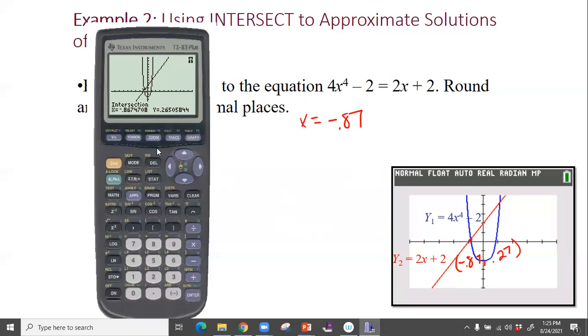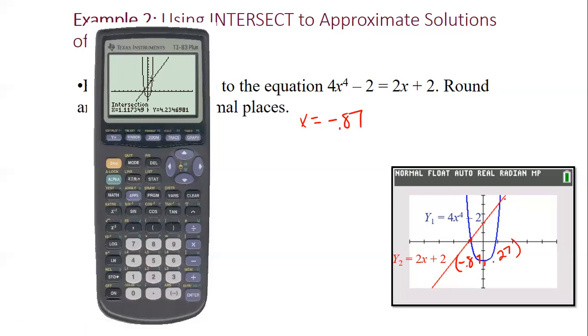So I'm going to go second trace, go back to intersect. And this time I'm going to move to the right of my graph. So I'm going to move to the right. And now I'm like, yes, yes, yes. And it says my second point of intersection is at 1.12 and 4.23.